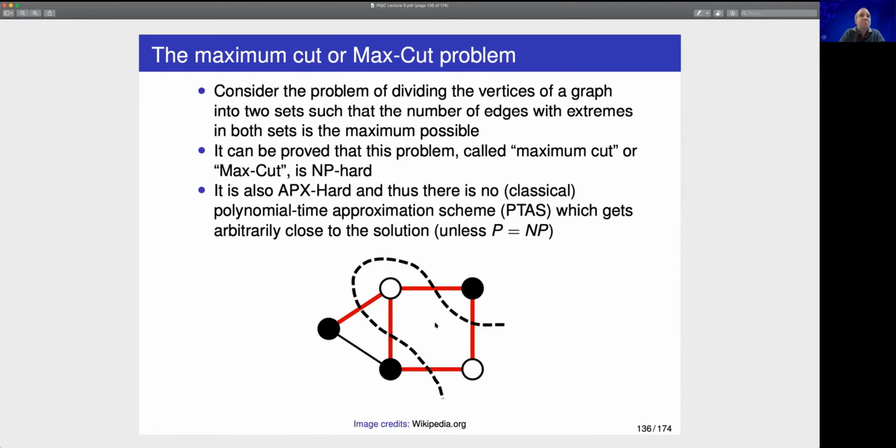So this may seem a not very interesting problem, something that is almost a game. But it turns out that this problem is surprisingly difficult and also surprisingly useful, because this is a problem that can be shown to be NP hard. So any other problem that is in the class NP can be reduced, can be transformed into an instance of this problem.